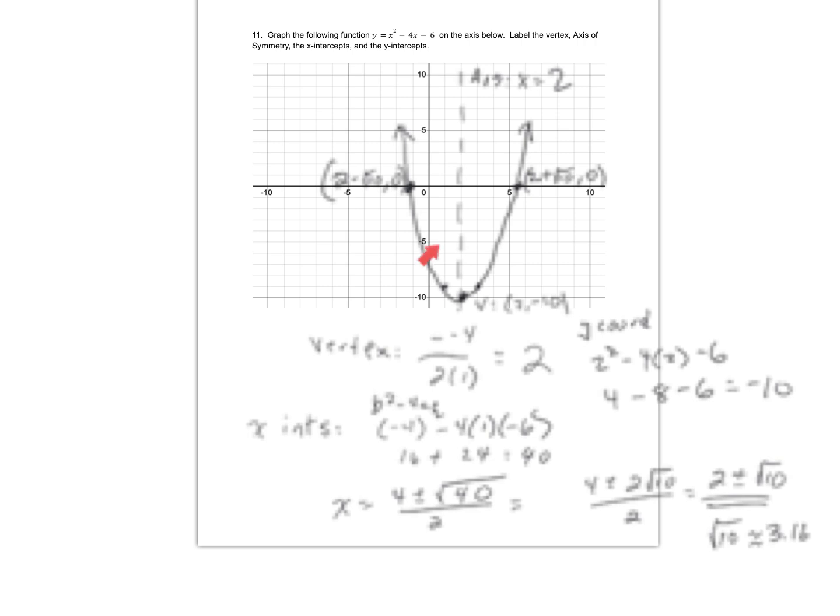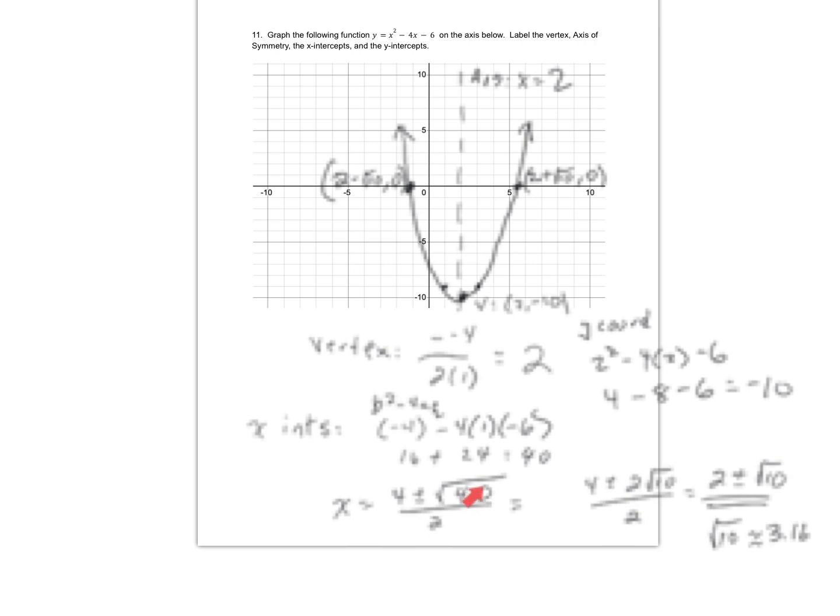Actually, I have to pick out the x-intercepts. The way I do that is I solve for the x-intercepts by finding b squared minus 4ac and using the quadratic formula. X is equal to 4 plus or minus square root of 40 over 2. Again, b squared minus 4 times a times c is 16 plus 24, which is 40. I also simplified that to be 2 root 10 because I simplified the radical.